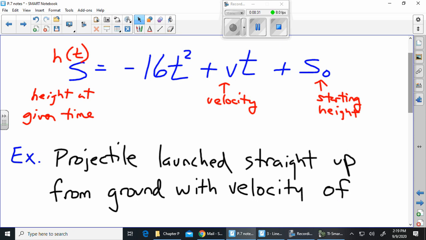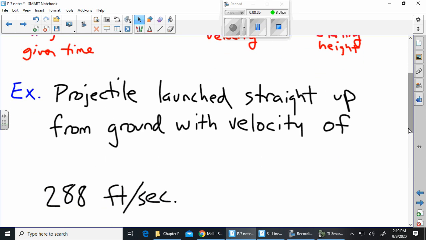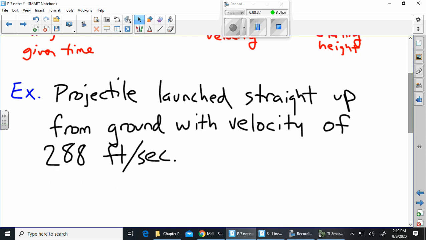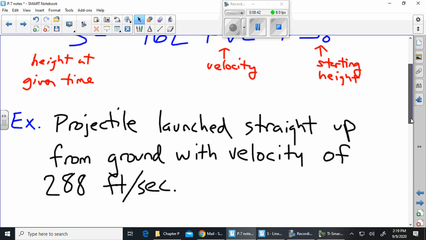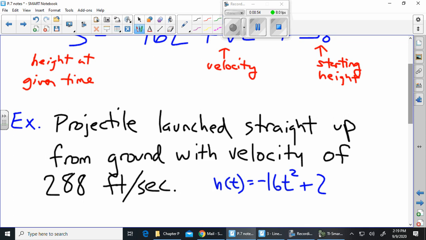I launch it straight up from the ground with a velocity of 288 feet per second. So using that model, I would have h of t equals -16t squared plus 288t plus 0 because it went from the ground.